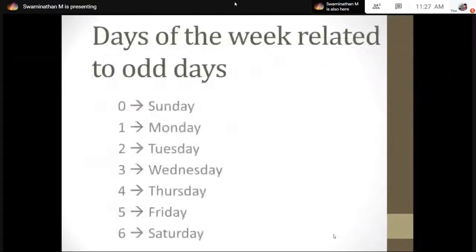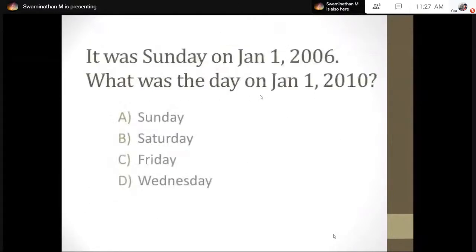The questions can be a day and date is given, and you are supposed to find the day on some other date. That is a future date. The example is here: 2006 day is given, and 2010 Jan 1 is asked. Or the vice versa is also possible: 2010 date is given, and 2006 can be asked, but you have to go back for the reverse one.